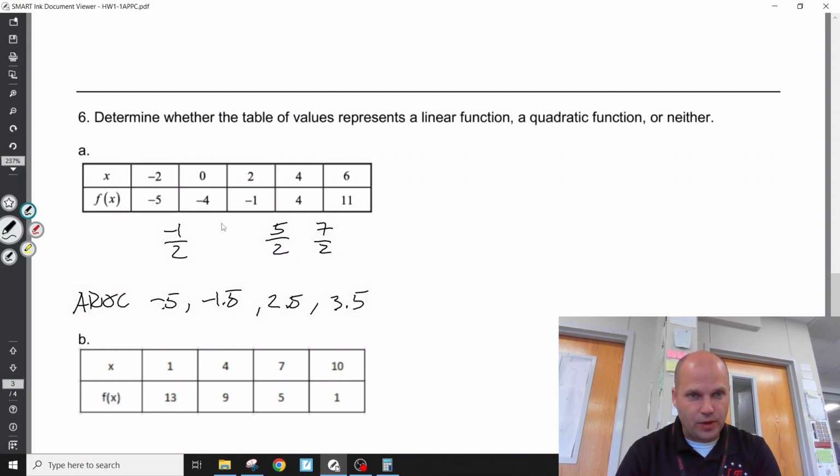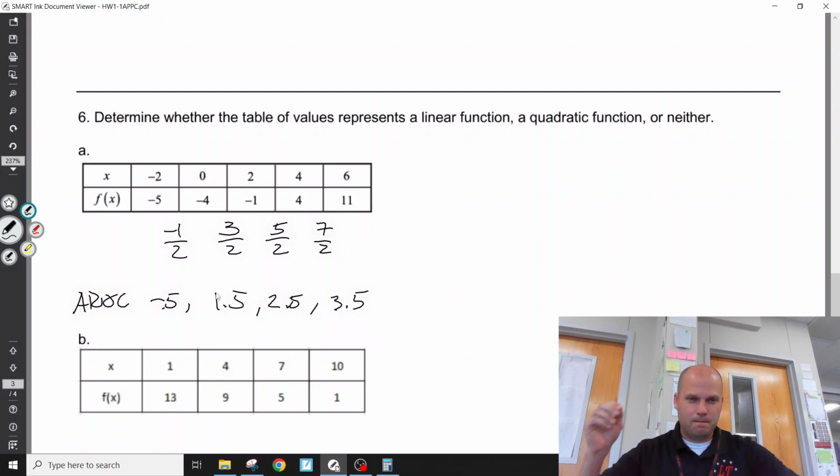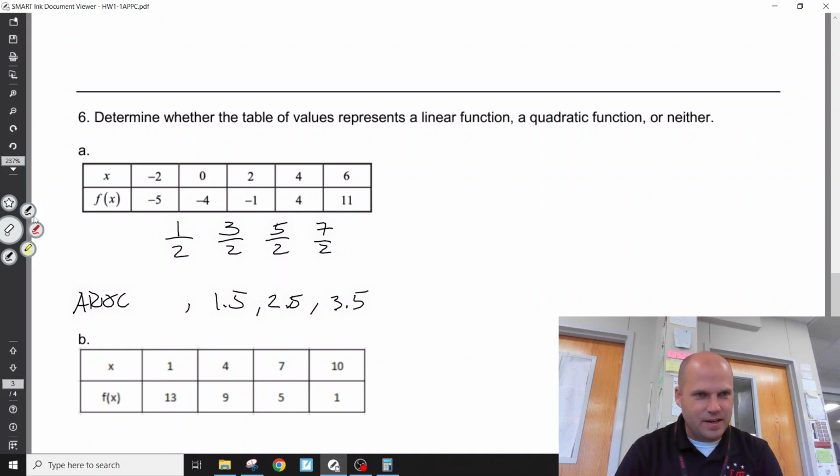Down 1, up 3. Okay. Made another mistake. Up 1. I increased by 1. Come on, Mr. Messer. All right. Now we're seeing what we're supposed to see. Sorry about this.